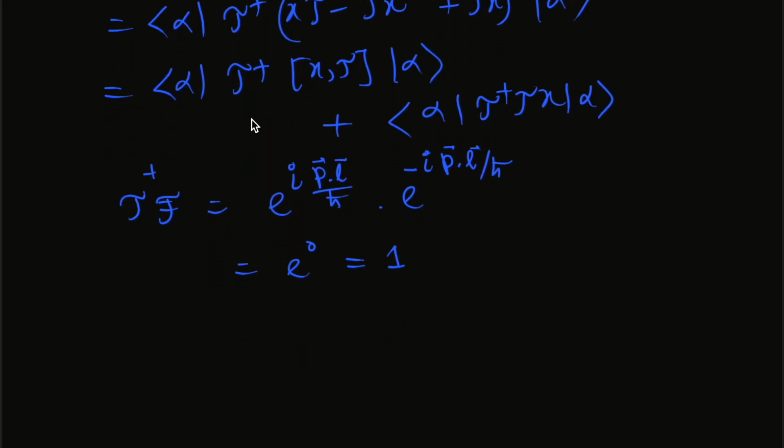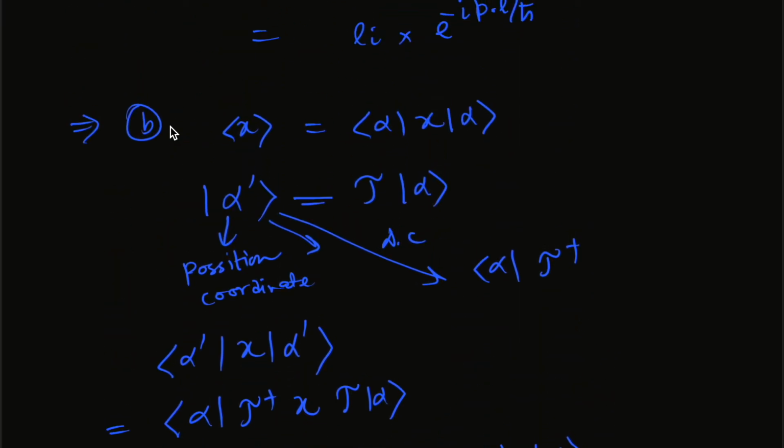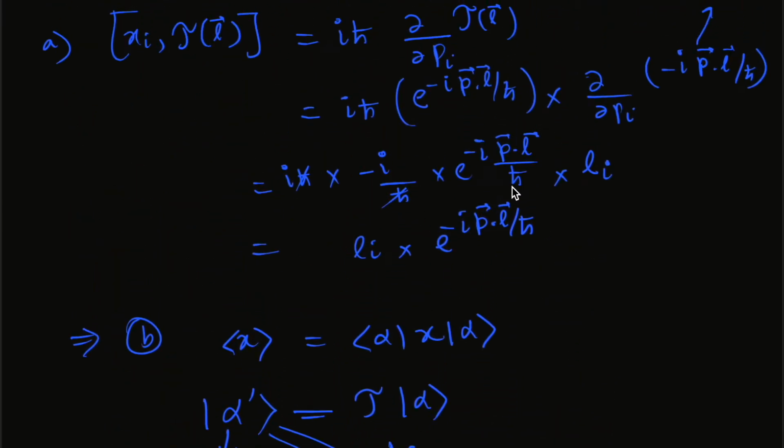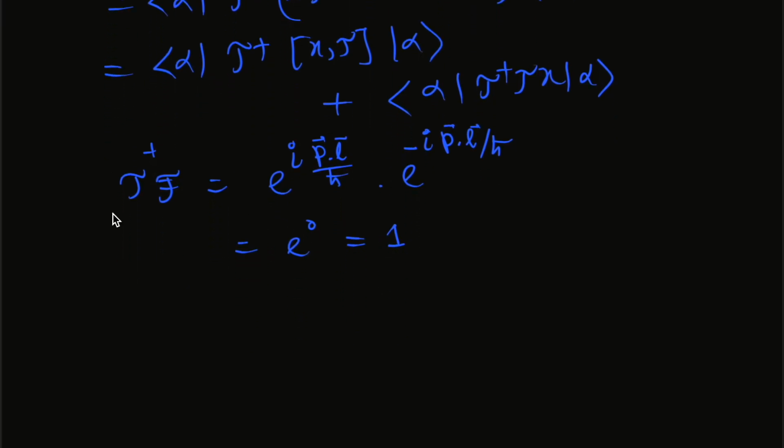So this result can also be written as, since this is actually tau l, li tau l. So use here that alpha, this will be li, this will be li tau, and there will be tau dagger alpha, this will be 1.